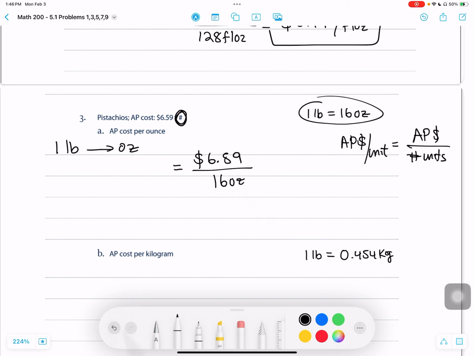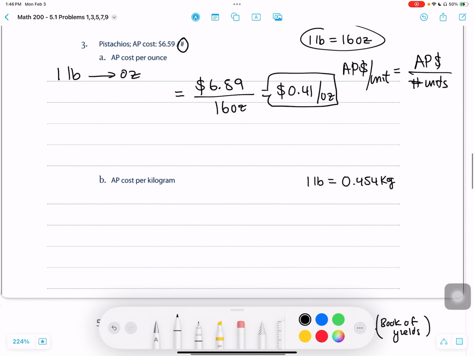So you take $6.59 and divide it by the 16 ounces. Total cost per ounce will be 41 cents per ounce. Every ounce that you use of pistachios in your recipe is going to cost you 41 cents.